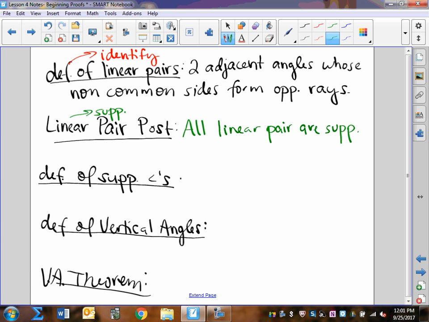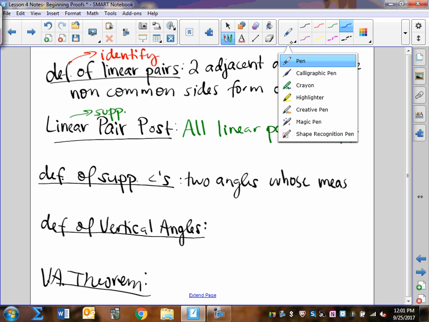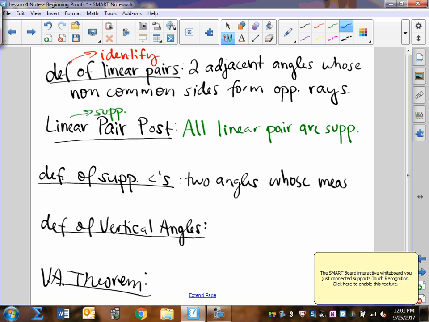So our definition of supplementary angles is two angles whose measures add up to be 180 degrees.